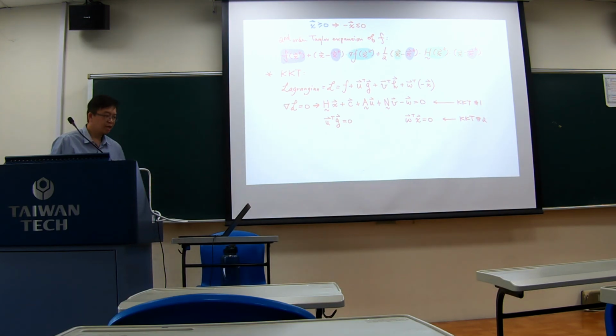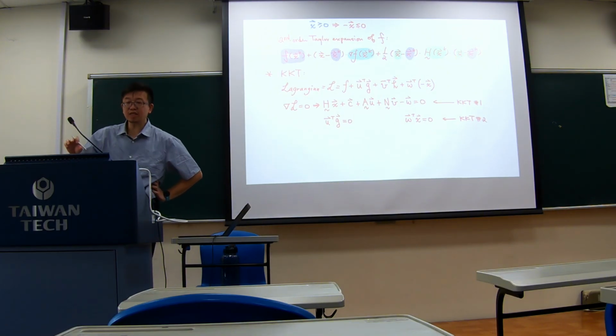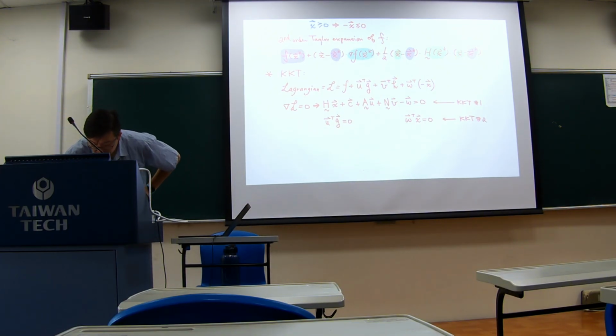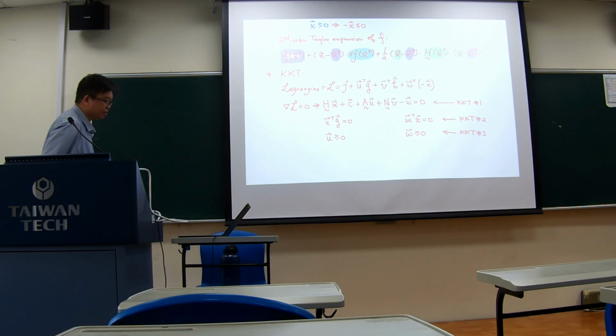And also the Lagrangian multiplier in front of the inequality constraint must be positive or 0. So here, positive or 0. This is KKT condition number 3.